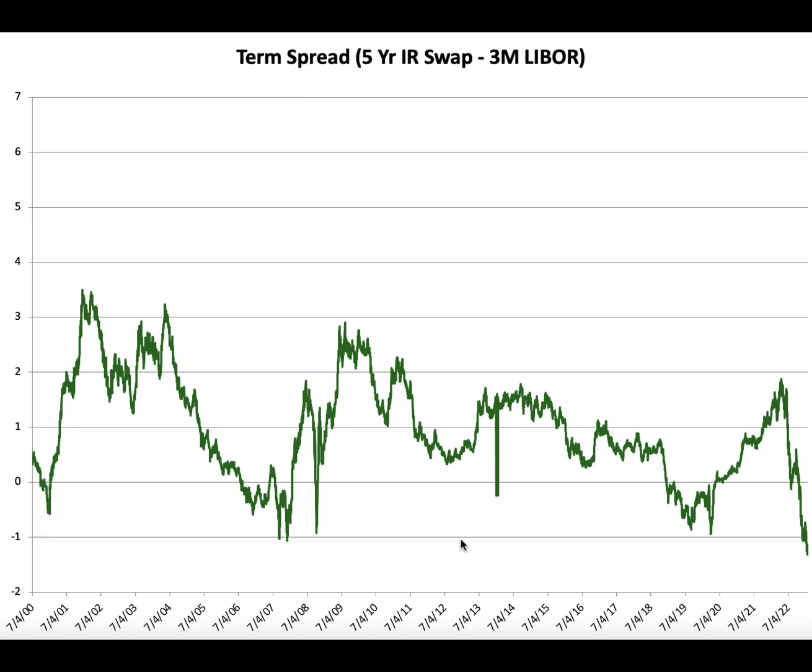Sometimes it's negative. But typically investors are offered a higher yield for a longer time to maturity. That was not true historically before the United States went off the gold standard, just as a sidebar.